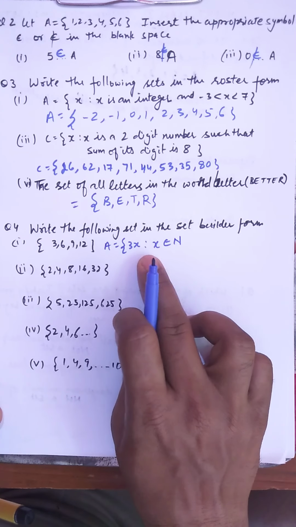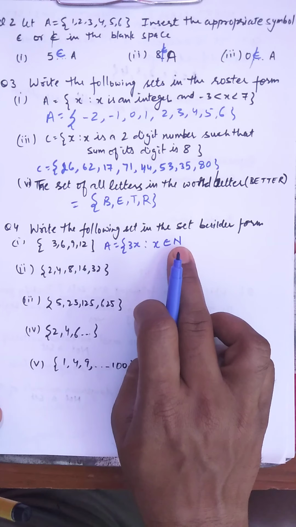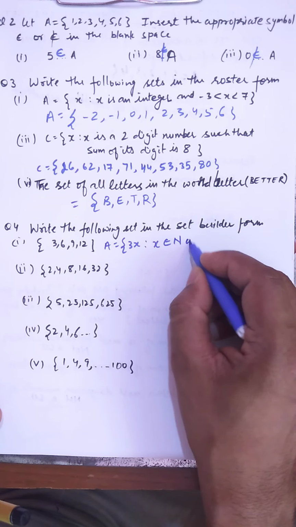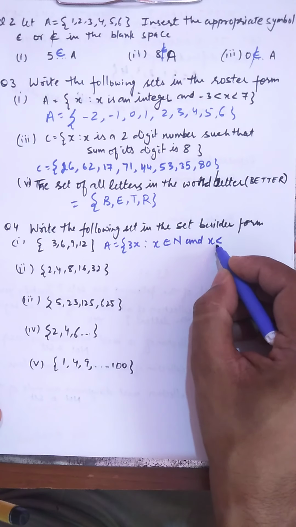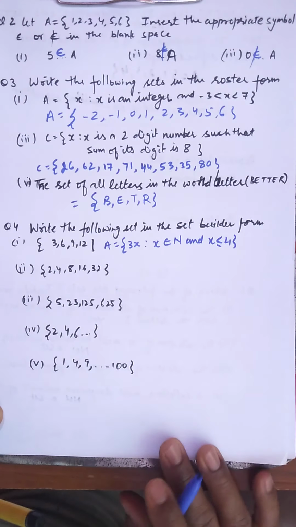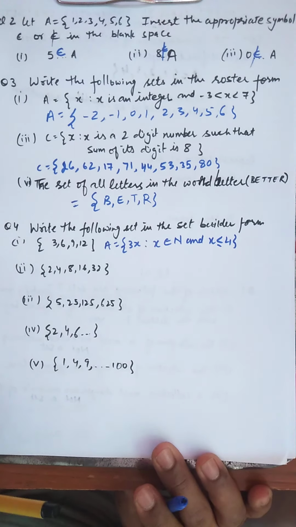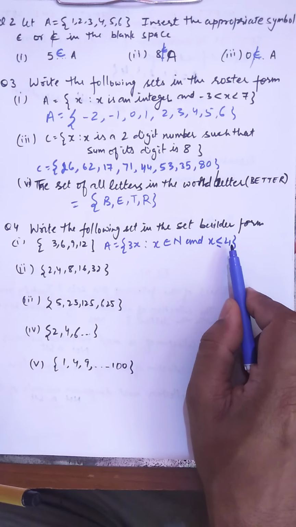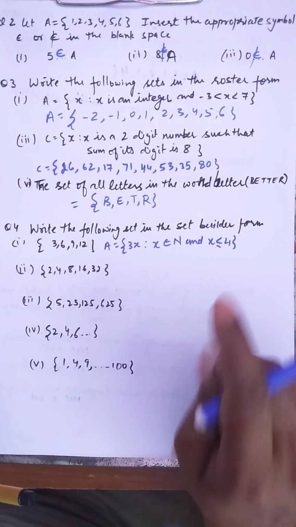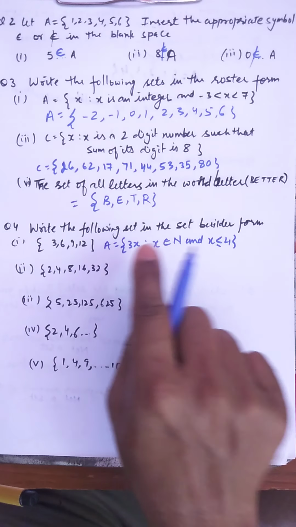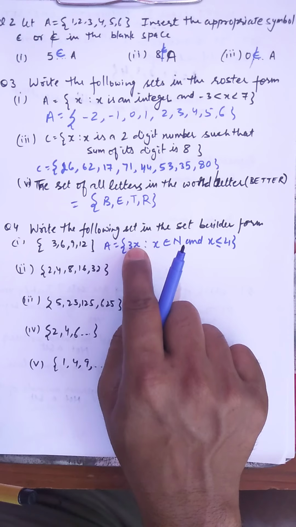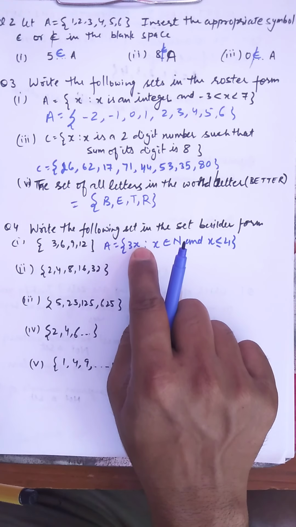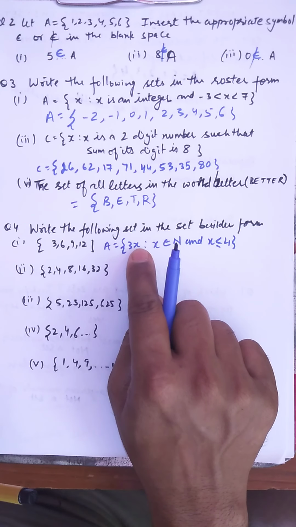Belongs means this x is a member of the natural numbers, capital N meaning the set of natural numbers, and we can also say x is less than or equal to 4. So this way it can be defined. Now you can check the answer. x belongs to N and x is less than or equal to 4, so x can take 4 values: 1, 2, 3, 4. First we take x equal to 1, so it becomes 3. If I take x equal to 2, then it becomes 6. If I take x equal to 3, then it becomes 9. If I take x equal to 4, then it becomes 12.